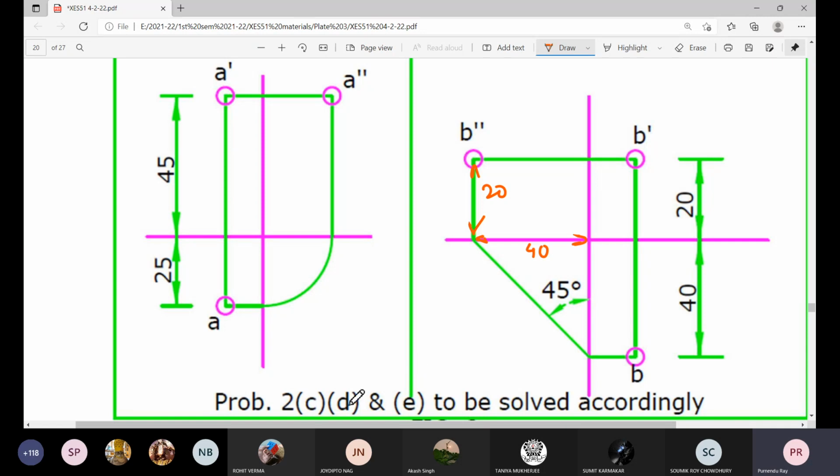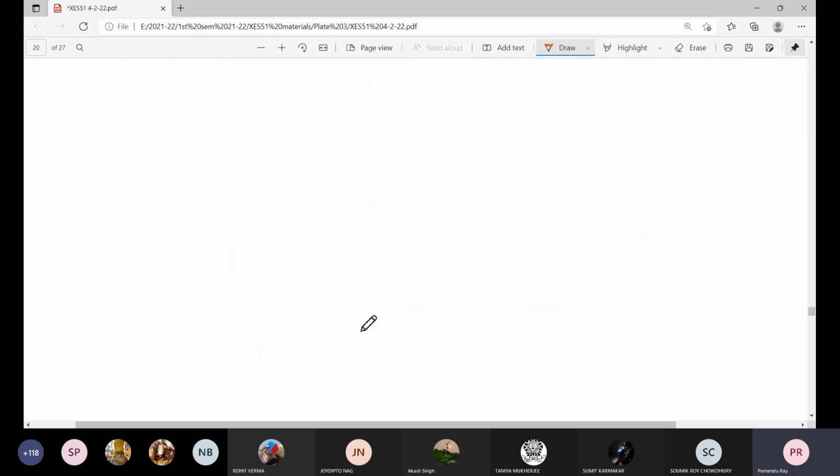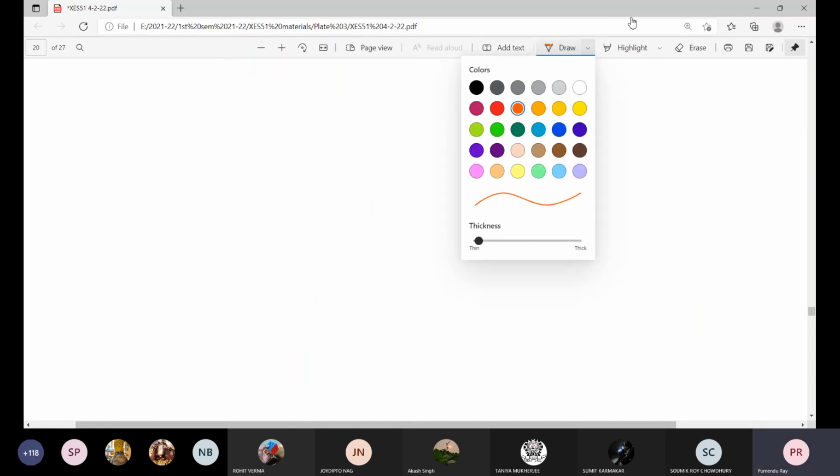Now I think if I draw a separate diagram, it will be very easy for us. VP, HP and PP.